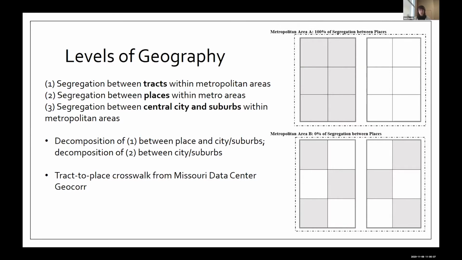So segregation between places is actually 0. They have the same composition. And we can say that segregation is entirely within place, kind of between neighborhoods rather than between places. So when I'm talking about kind of segregation between neighborhoods or places, I thought this might be a helpful image to keep in mind. And then H is helpful in that you can decompose kind of total neighborhood segregation and say like what percent of it occurs between places, thinking about ranging from a 0% scenario to a 100% scenario.